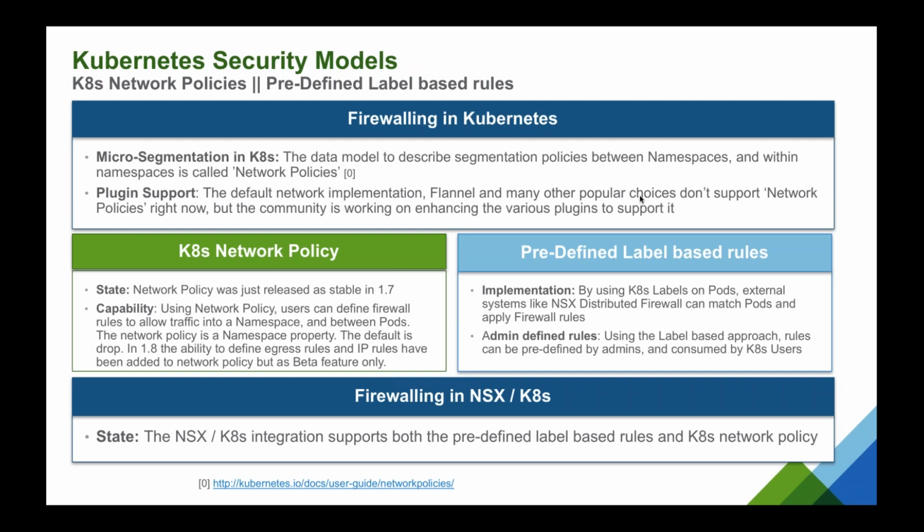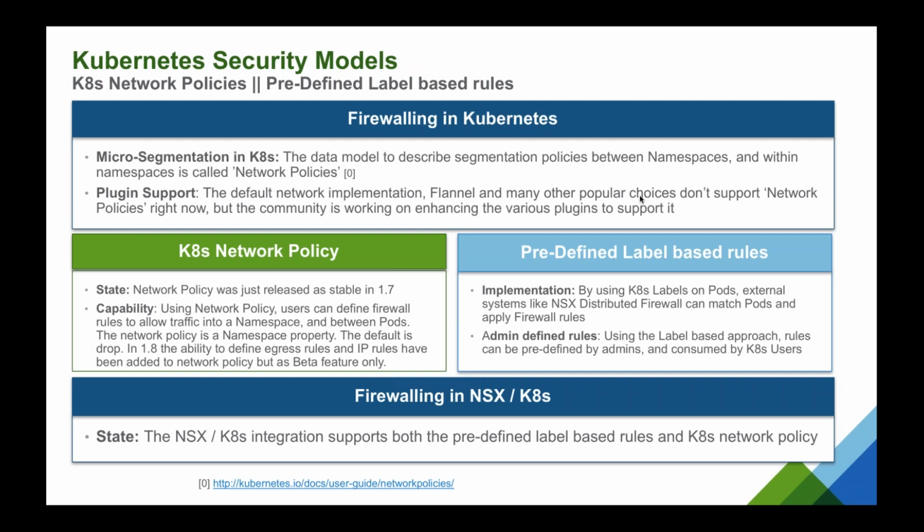We copy those labels onto tags for the pods in NSX, and that can be statically matched into firewall rule sets. You will see that in the demo because I make use of that in the demo. With that, you can define admin rules that are on top of any kind of rules that a developer might use in its namespace.